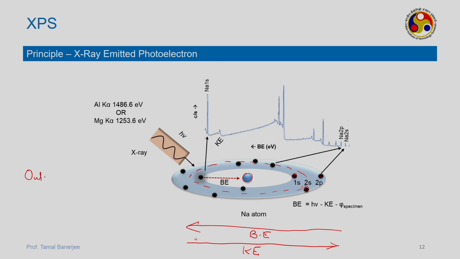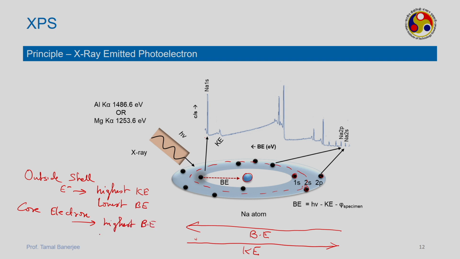Outside shell electrons will have the highest KE, lowest BE. BE is binding energy, while core electrons will have the highest binding energy and lowest kinetic energy.